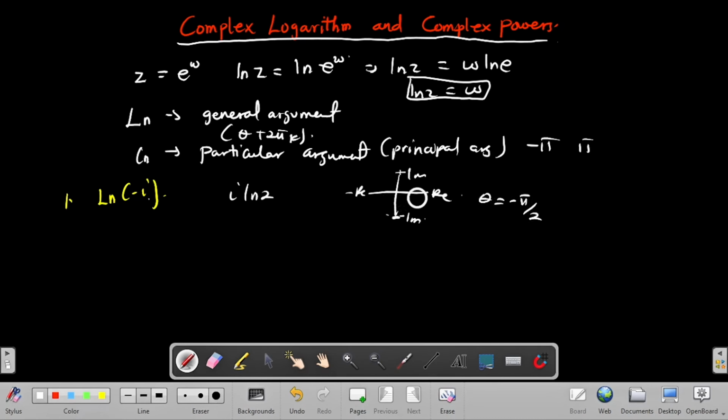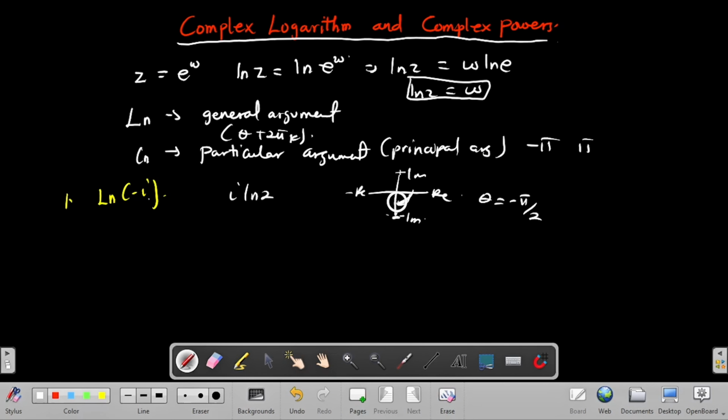If you can observe, it's negative 90 degrees, moving from the positive real axis. And as I said, this is the general argument. Now, we are just taking the negative pi on 2. If you want to take the other convention using the anti-clockwise direction, you have 90, 180, 270.